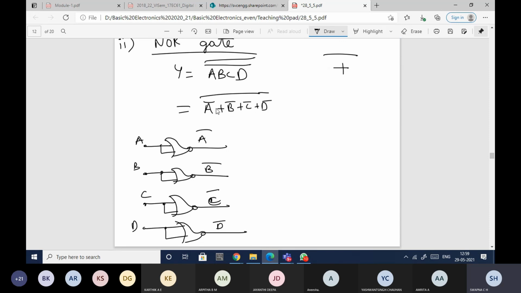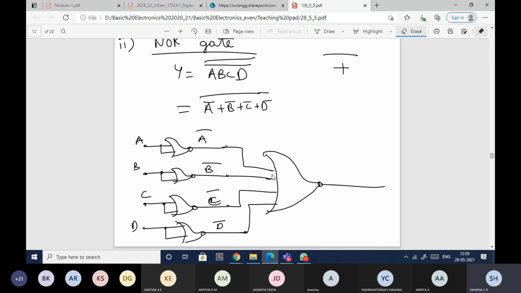Now I need to get A bar plus B bar plus C bar plus D bar whole bar. So give it to the NOR gate. My output here will be equal to Y, which is equal to A bar plus B bar plus C bar plus D bar whole bar.